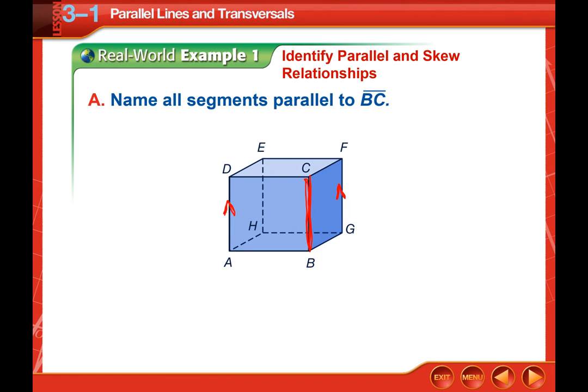Now, in the answer that this textbook is giving, they also say that EH is a parallel segment. That would be true if we actually draw another plane through this right here. Okay, name a segment that is skew to EH. So it's something that needs to be on a different plane, but remains at a distance.